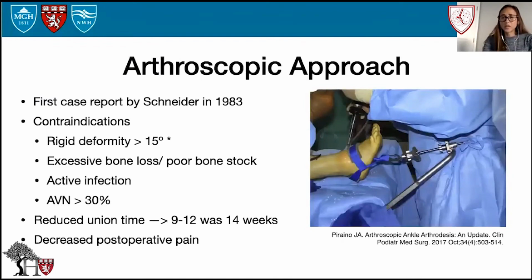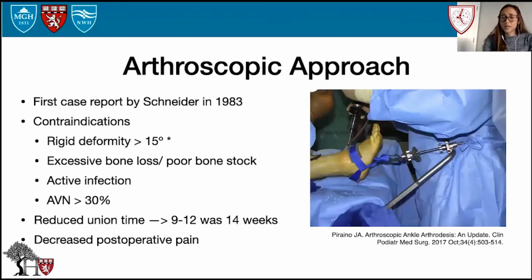The arthroscopic approach is probably the most commonly used, of course, when we don't have one of the following contraindications. The first case was reported by Dr. Schneider in 1983. It should always be kept in mind for any patient that requires an ankle arthrodesis, as long as we don't have the following contraindications, which is a rigid deformity of more than 50 degrees in the coronal plane.